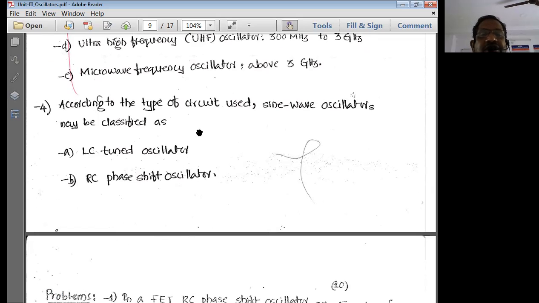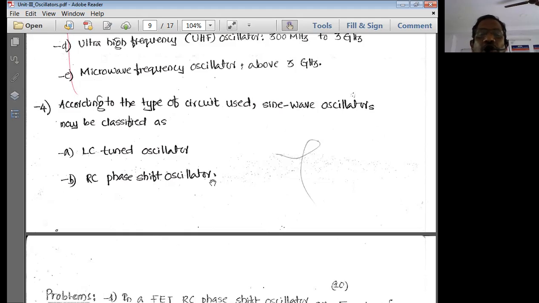In the case of LC tuned oscillator circuits, we have varieties known as Hartley oscillator and Colpitts oscillator. And coming to RC phase shift, we have a BJT version and an FET version. Both of them are the same. There won't be much change in the derivation part, because the oscillator derivation is basically dependent on the feedback network that we analyze.